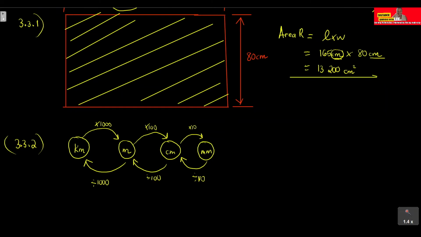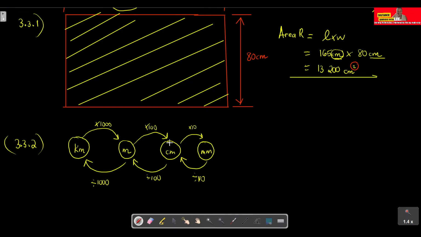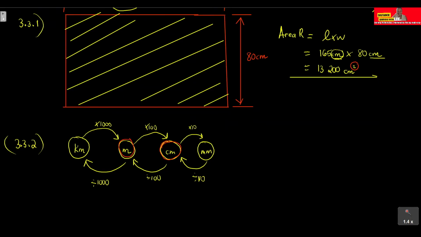Now we're going to add another element to this. We are trying to convert centimeters squared to meters squared. So we are still moving from centimeters to meters, but in this case we're dealing with units for area.